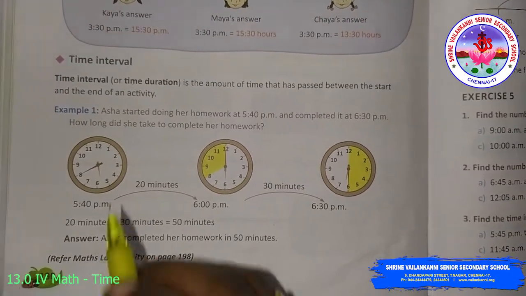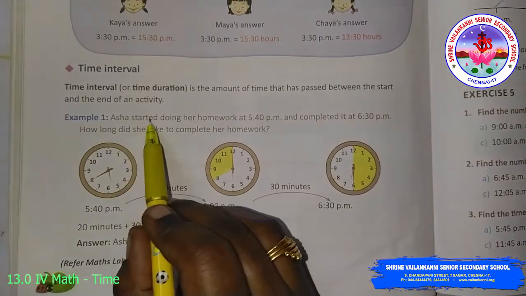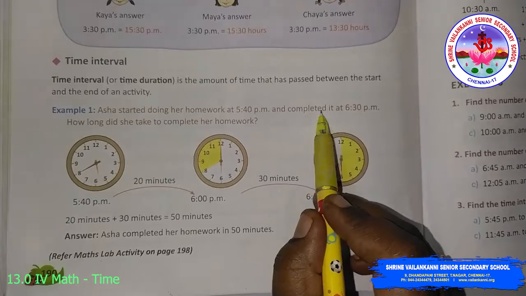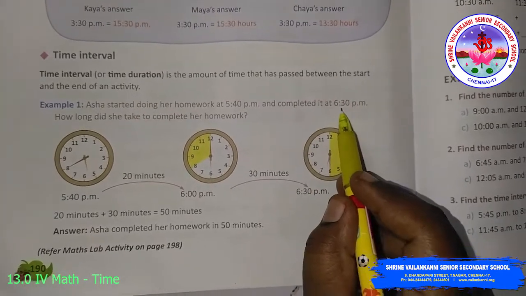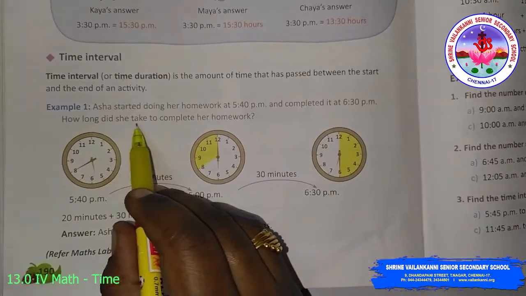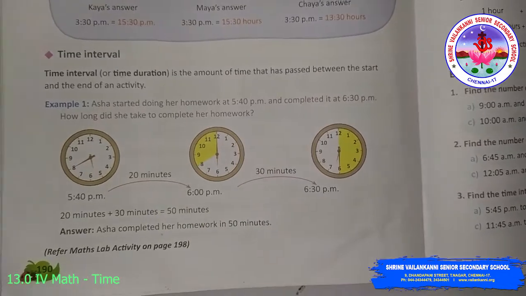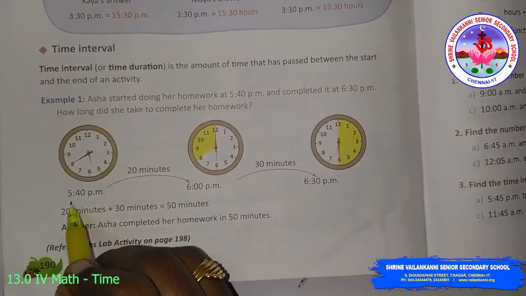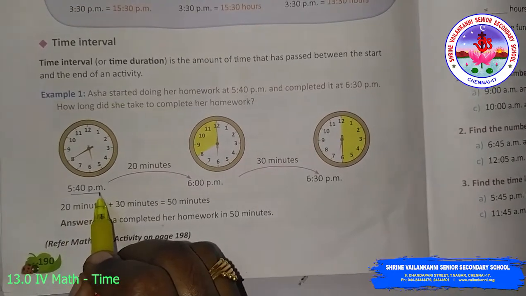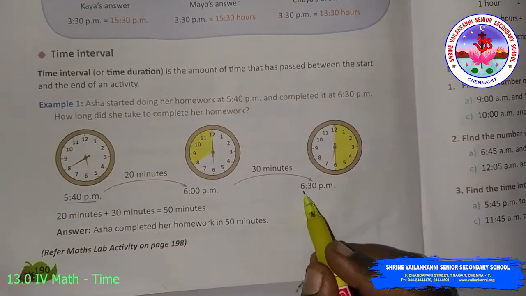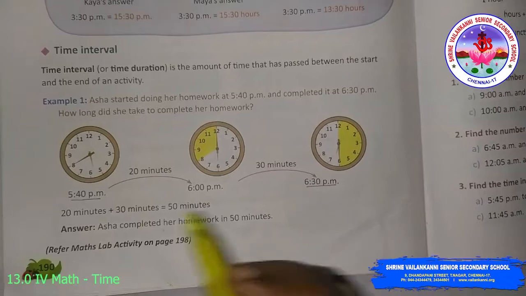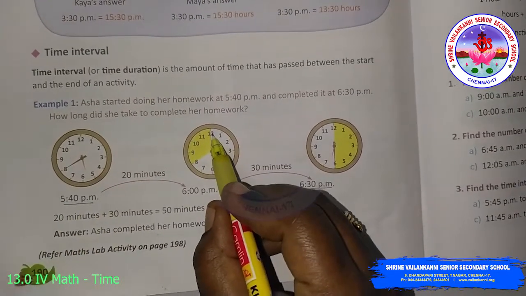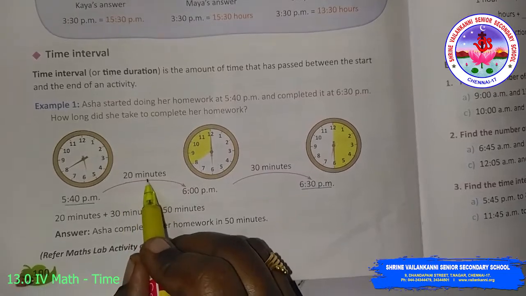Okay. So we'll see one sum. Asha started doing her homework at 5:40 p.m. and completed it at 6:30 p.m. How long did she take to complete her homework? So from 5:40 p.m. to 6 p.m. you have 20 minutes.